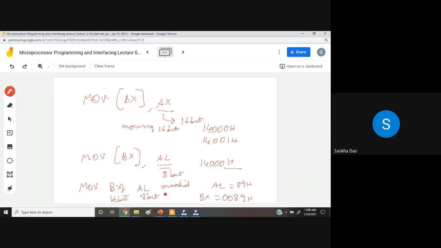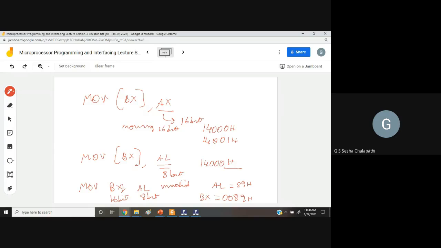Now, just one final question: if we finally move to 14,000 H, then why not store 14,000 H directly here? The reason is this. At another point of time, I want some other memory location to be specified.